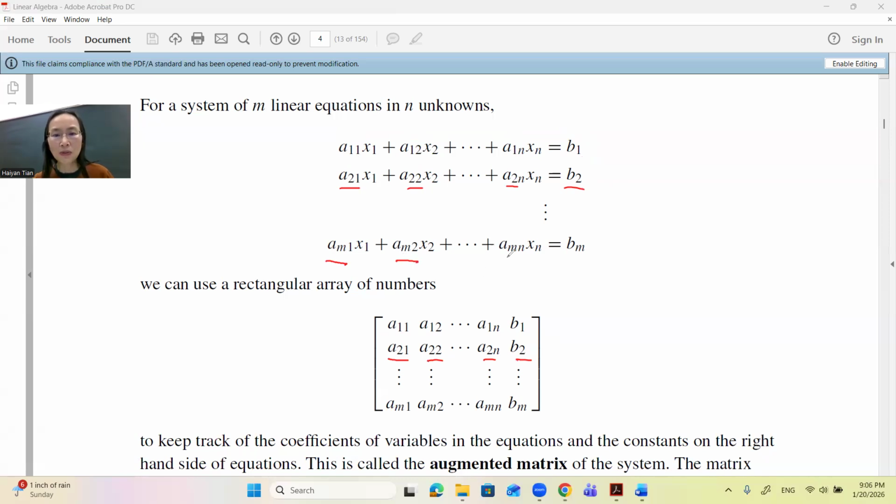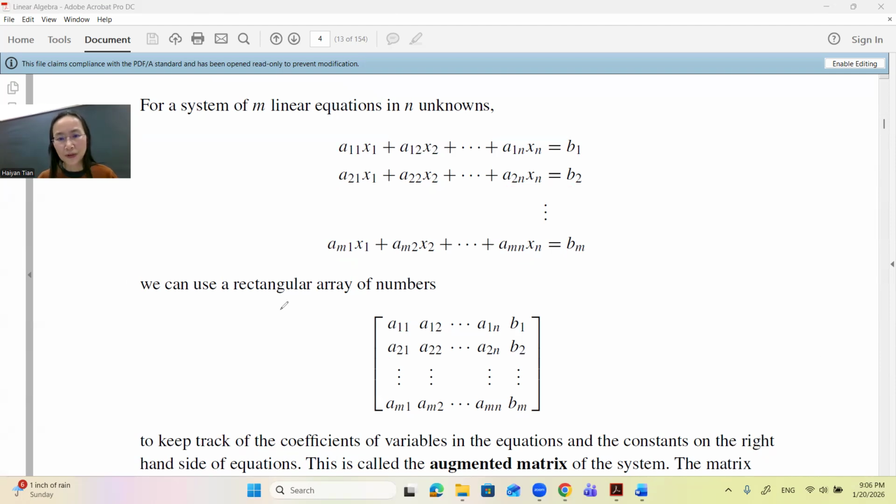So the last row of the matrix will be those numbers, am1, am2, amn, bm. So you see we have a matrix. This is a rectangular array of numbers. And this matrix, we call it an augmented matrix of the system.